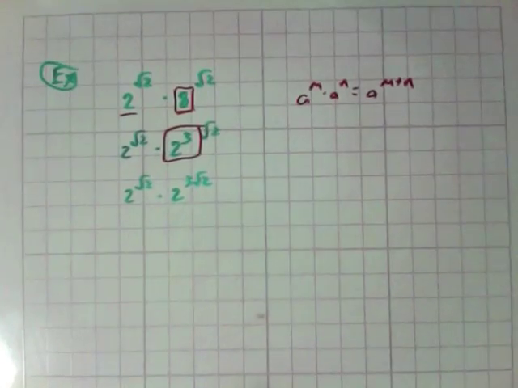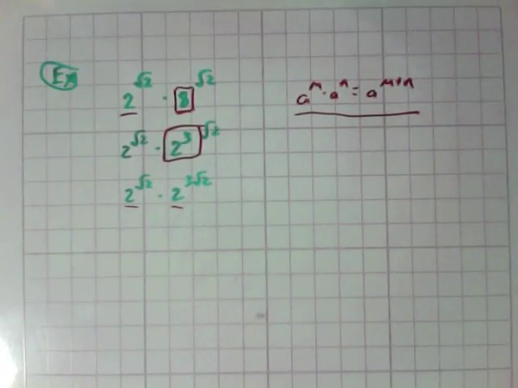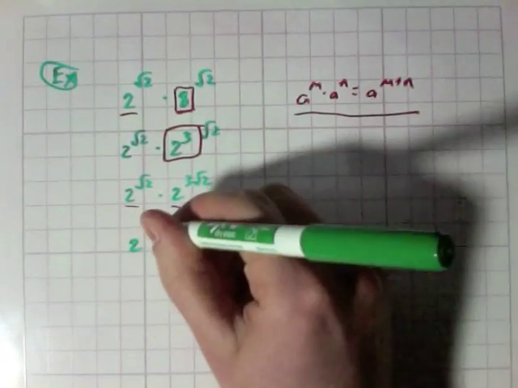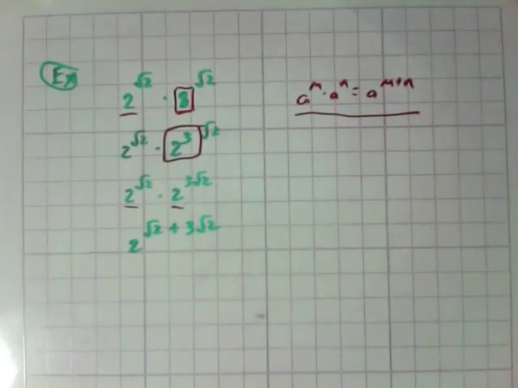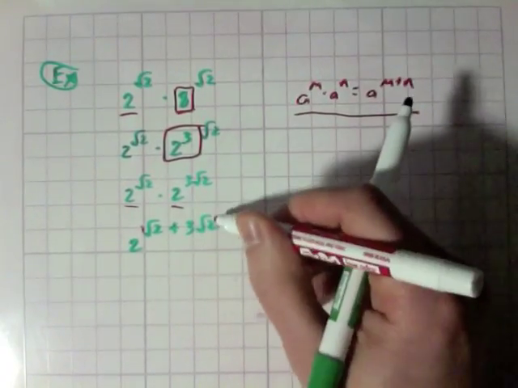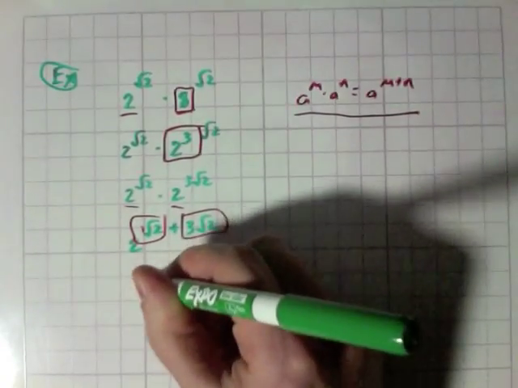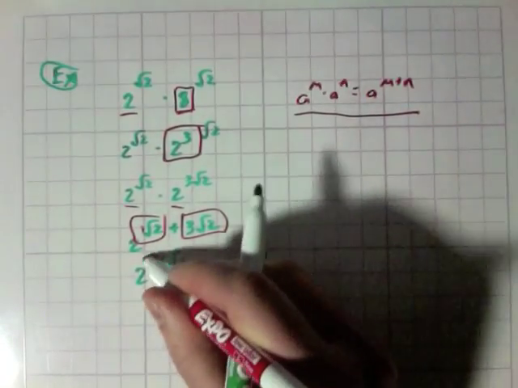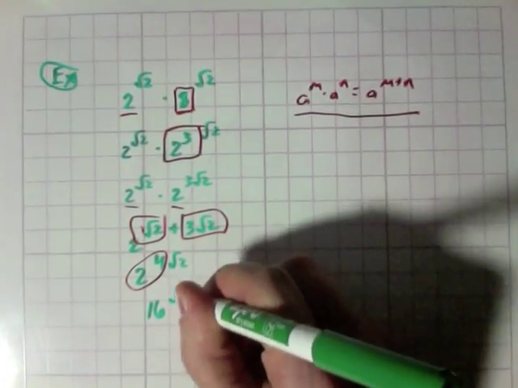And now that I have the same bases, I can use this property of exponents and add these exponents and put them over the same base. So that would be 2 to the root 2 plus 3 root 2, and I have 1 root 2 plus 3 root 2, so I can combine those as like terms, and I would have a total of 4 root 2, and 2 to the 4th is 16, which we saw earlier, so 16 to the root 2.